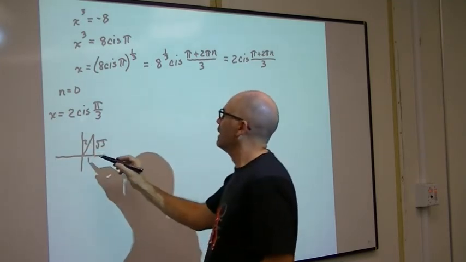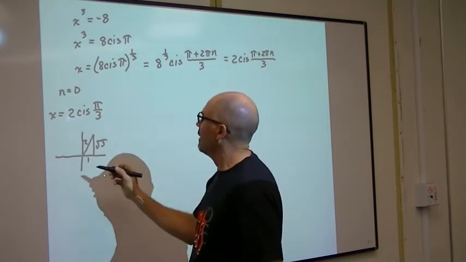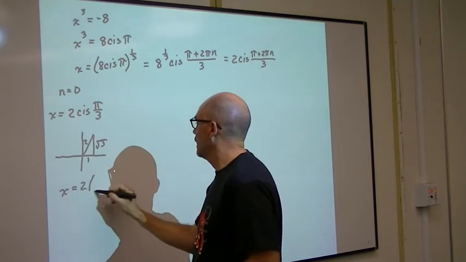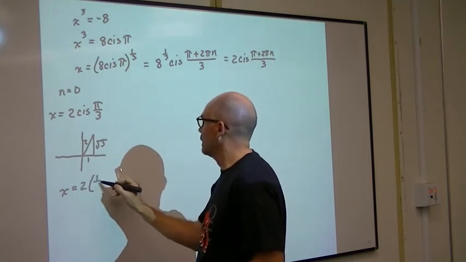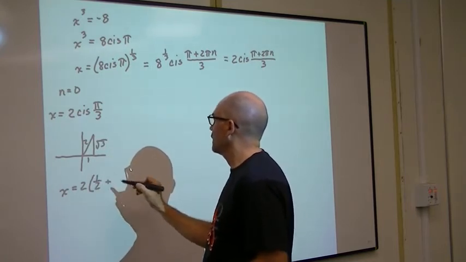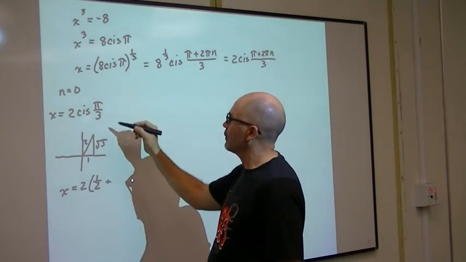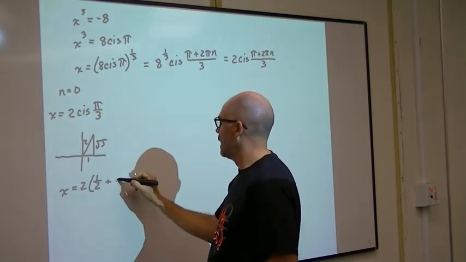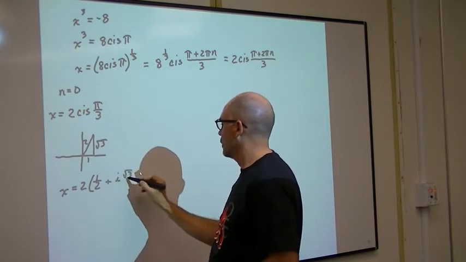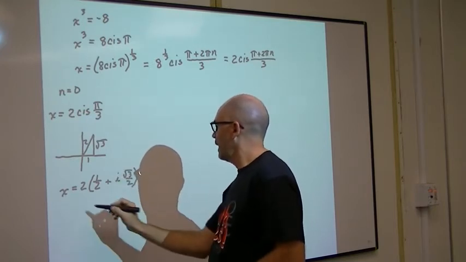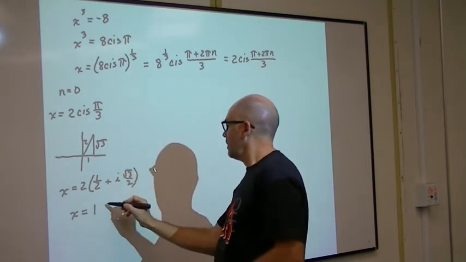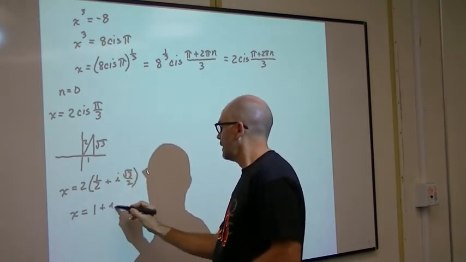So cosine of pi over 3 is 1/2. So that means x equals 2 times cosine of pi over 3 is 1/2 plus I sine pi over 3, which is square root of 3 over 2. So that means x equals 1 plus I square root of 3.